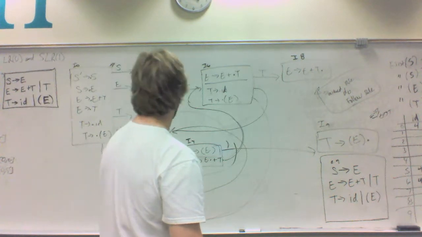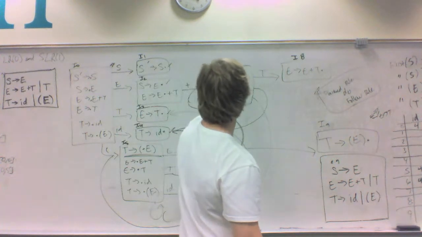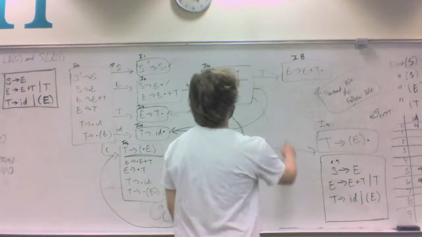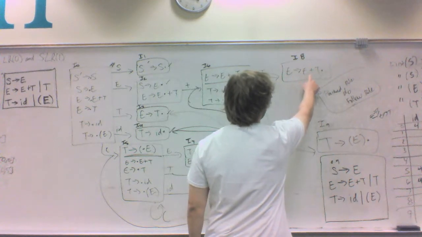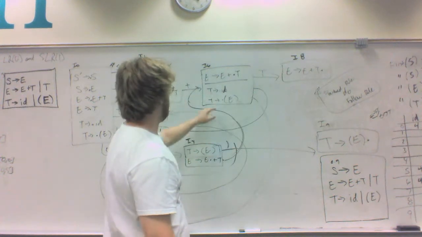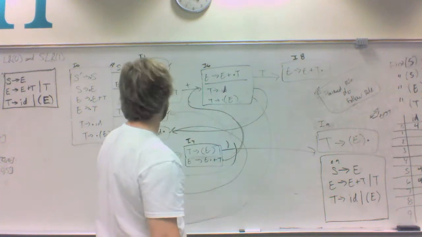So our next node here would be I6, and coming out of I6 we can see a T, and that will create our node I8, and that will be E goes to E plus T dot, and this is a finalized node. And we can also see an ID, and this will come back to node I4.